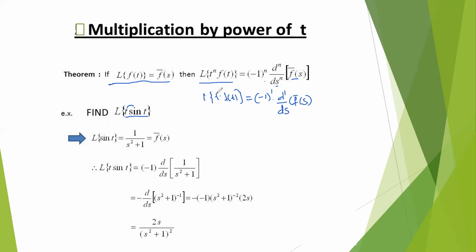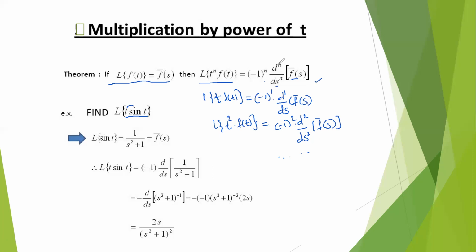When we have t square, Laplace transformation of t square into f of t, where f of t can be any function, is -1 whole square into 2 times differentiation with respect to s of f bar of s. And it continues for t cube, t power 4, and so on for t power n.